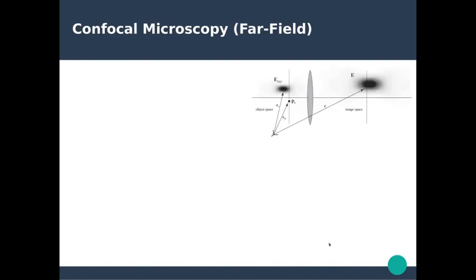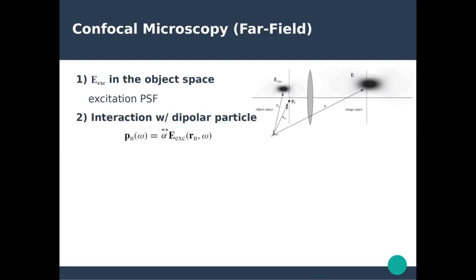I will just highlight the major steps. So let's say you have a molecule which is placed somewhere in the object space. You have this point source which is focused nearby or onto the molecule. This gives you an excitation electric field in this object space. So you have this excitation point spread function in the object space, and it's going to interact with this dipolar particle or molecule via the polarizability of the molecule.